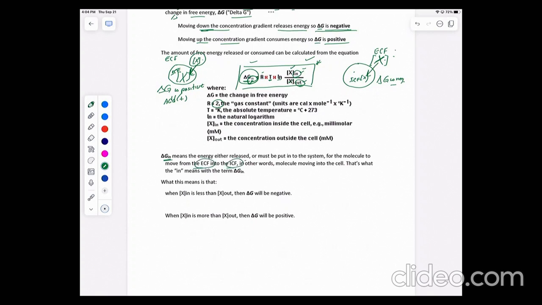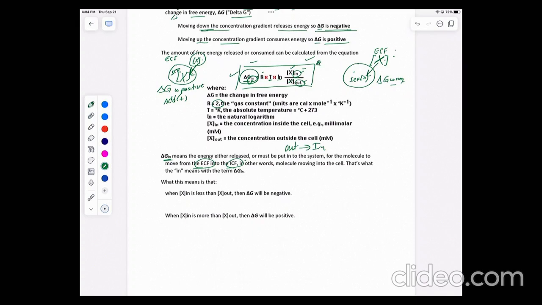And again, this formula up here is assuming out to in when it comes to moving a particle across the cell membrane. Okay, the assumption is I want to move the particles into the cell. Now the concentration gradients depend on the situation, but that's what this formula here is assuming.